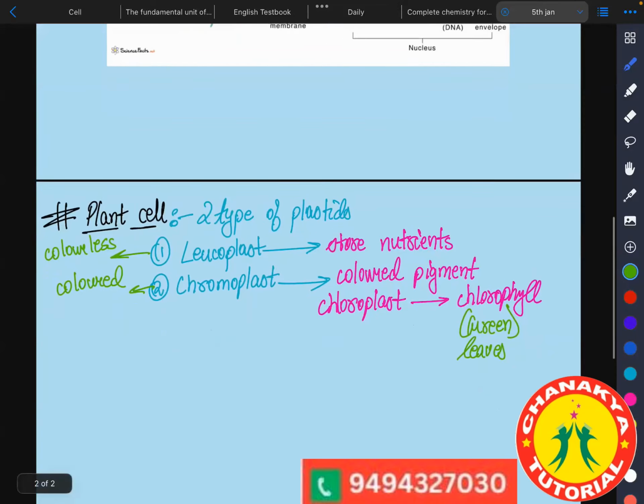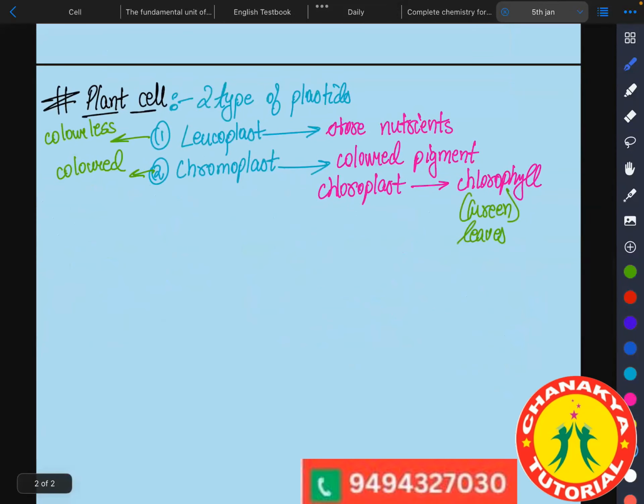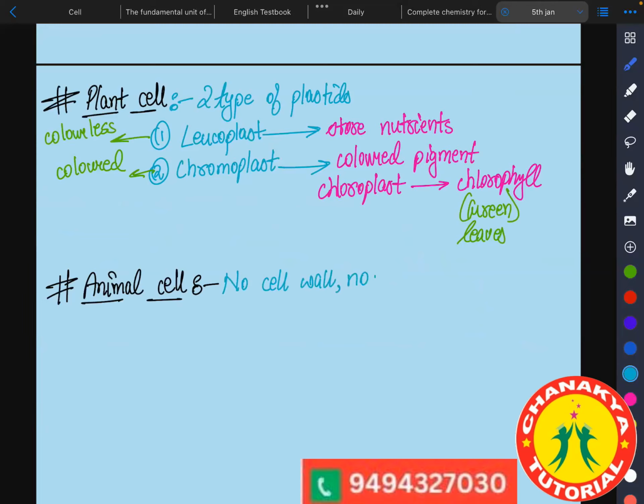Whereas the animal cell, in a broad way if we distinguish, does not contain a cell wall. It does not contain plastids.